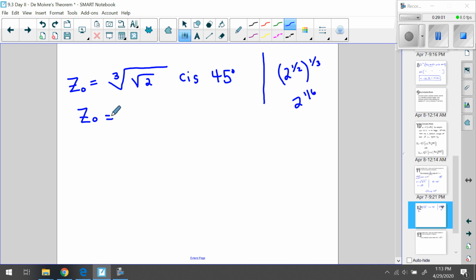You could either write 2 to the 1/6, or if you'd rather, the 6th root of 2, you're welcome to do that. What I would not do on this problem is write some random rounded decimal value that you find on your calculator. I think we typically prefer exact answers. So I would just recommend either 2 to the 1/6 or the 6th root of 2. So we'll say cis 45.